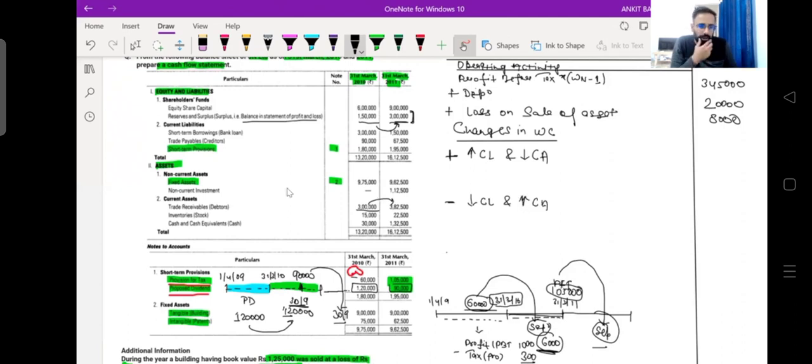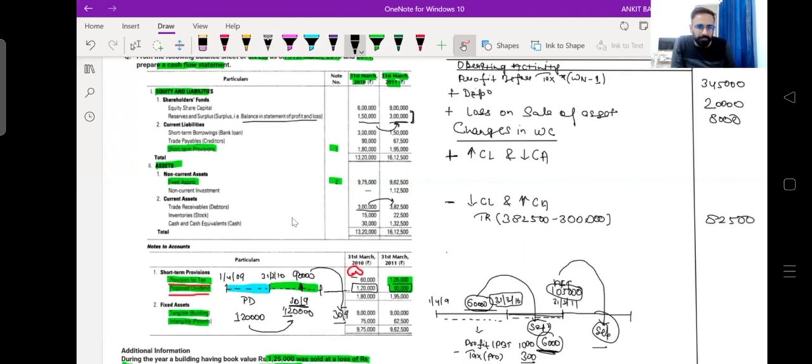So we will see trade receivable is increasing from 3 lakh to 382,500. So here we will reduce trade receivable. So it is 382,500 minus 3 lakh. Right. So you can see here the balance is going to be 82,500.